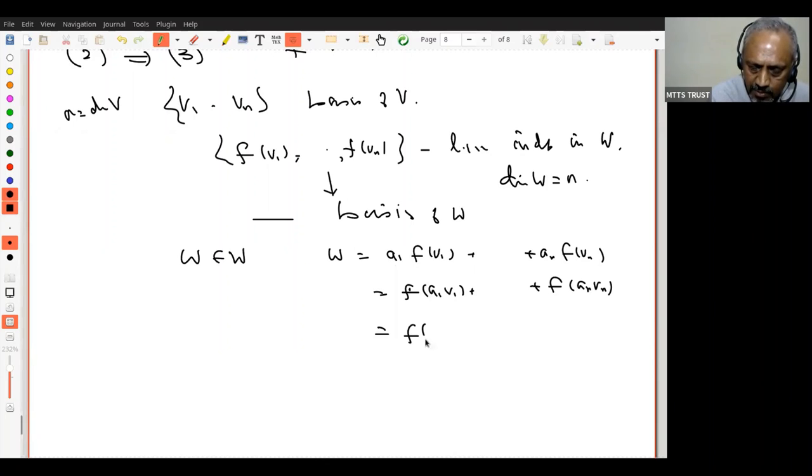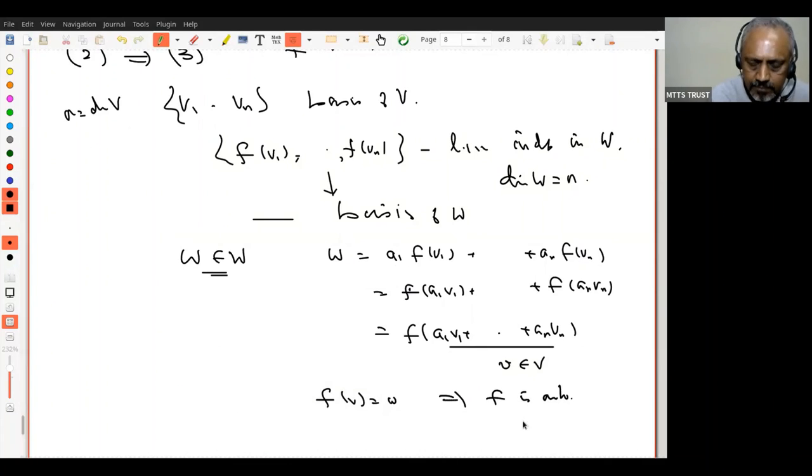Therefore, this is the same as f of a1 v1 plus ... plus an vn. What does this say? This says that give me any w, there exists a vector v in V, where v is a1 v1 plus ... plus an vn, so that f of v is w. Therefore, what does it say? f is onto. Do you understand this? Go back and study.